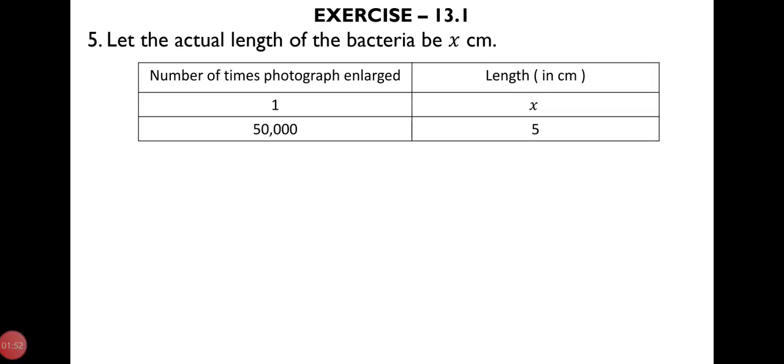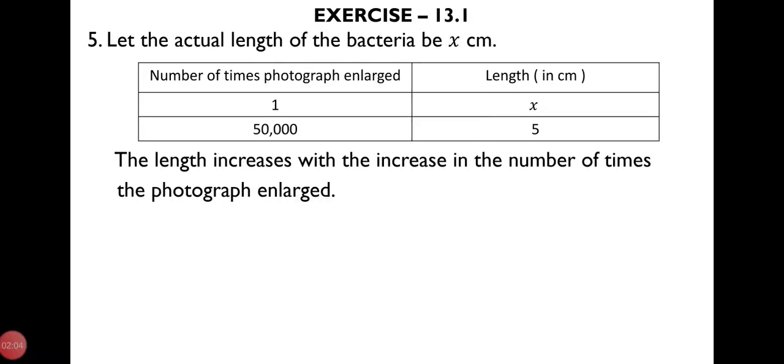Now when the actual bacteria is enlarged 50,000 times, the length becomes 5 centimeter. So you can see that the length increases with the increase in the number of times the photograph is enlarged. So therefore it is a case of direct proportion.